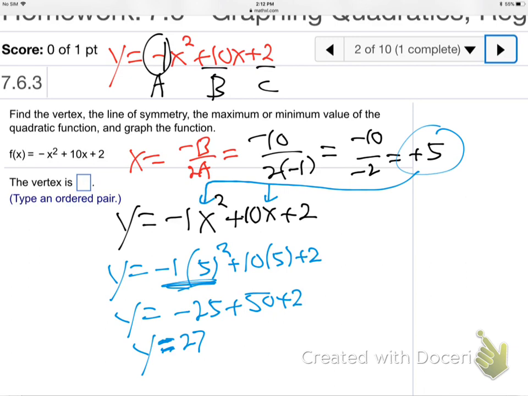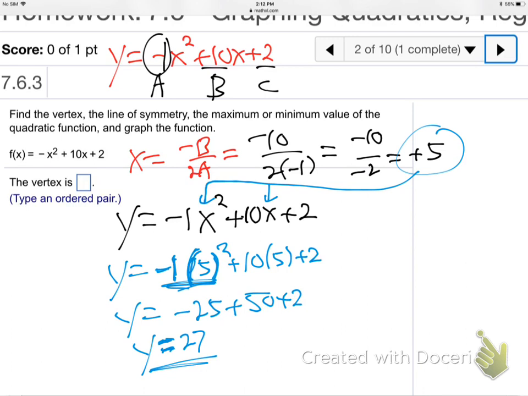That when I plug in 5, remember, so probably the easiest way to go is when you plug into a formula, put parentheses around whatever you plug in. So I'm putting parentheses around this 5 when I plug it in. The minus sign that's on the x squared is the negative 1 sitting in the front of that, not part of the square. So I got y is 27.